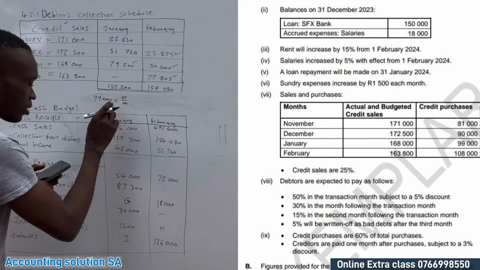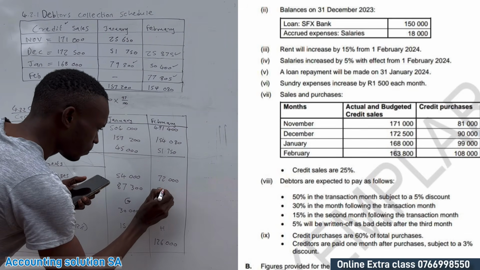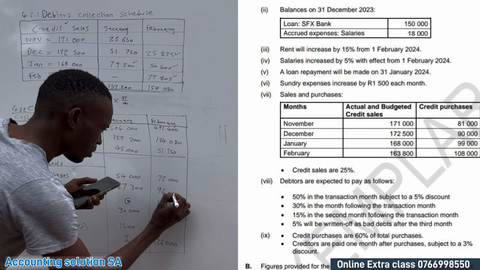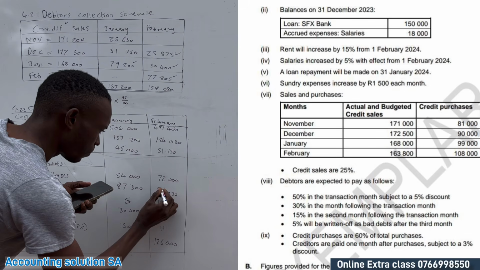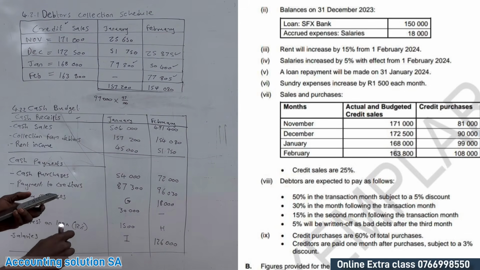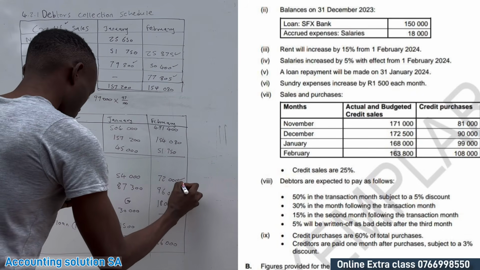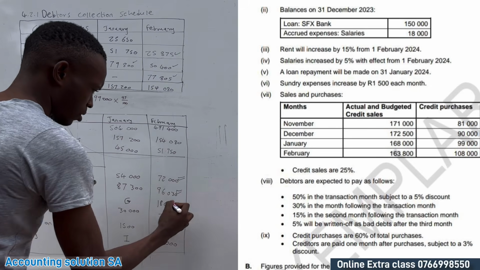Then if you do this calculation, you are going to get an amount of 96,030. Okay, just like that. Then it's marked here, and it's not just a mark, it's 2.